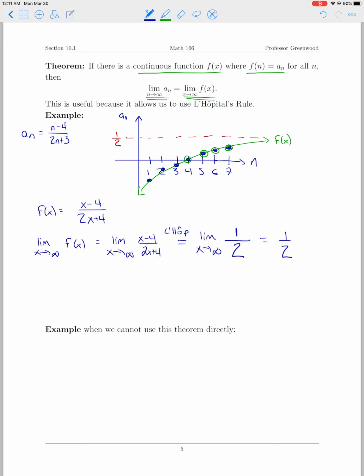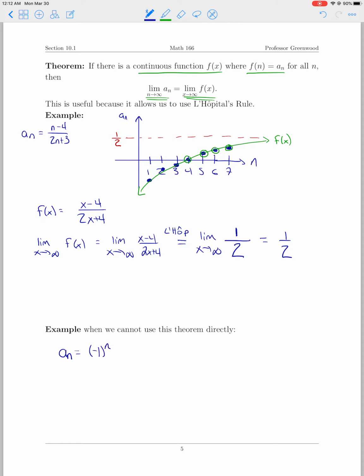All right, so at this point, after I've said this, it might seem like there's no difference between sequences and limits of functions. And I want to make sure that it's clear that there is a slight difference between these, and it's not always the case that you can just replace stuff with x's and then find what the limit is. An example of this is if we look back at this sequence, a sub n is equal to minus 1 to the n.